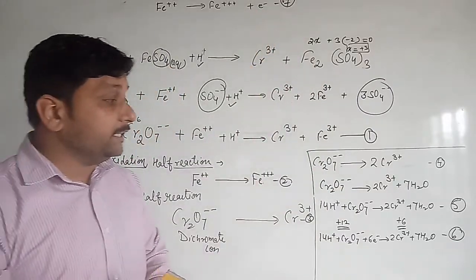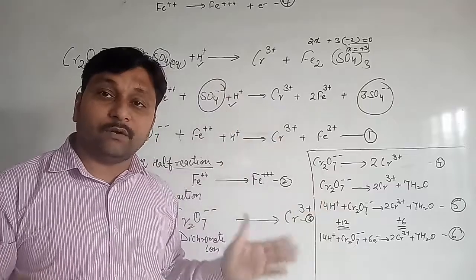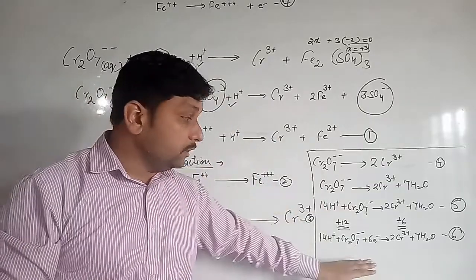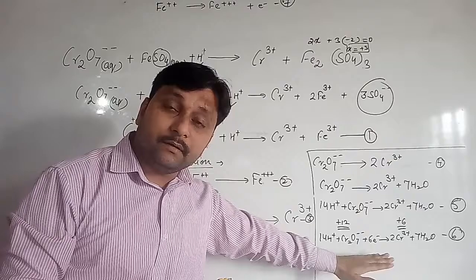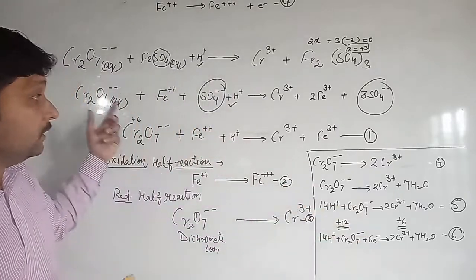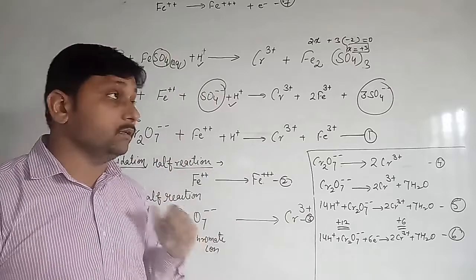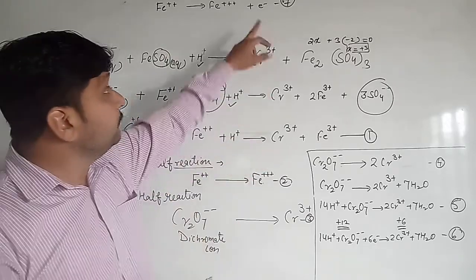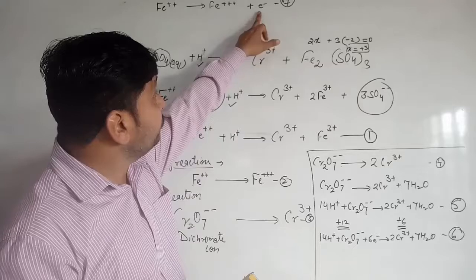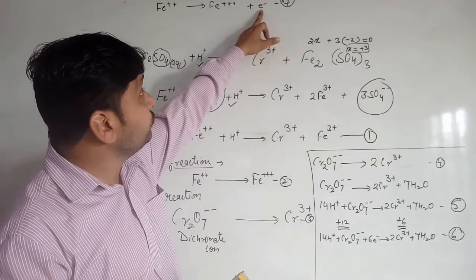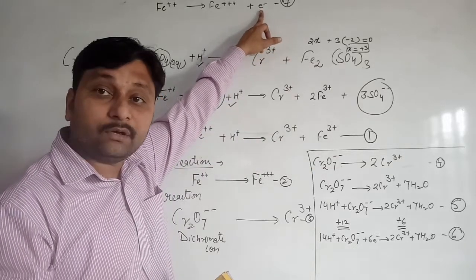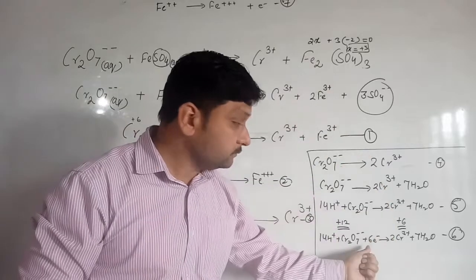Now we add them again, because both our reactions are balanced: the reduction half reaction and the oxidation half reaction. Clear? But before adding these equations, we see one electron in this equation and 6 in the other.